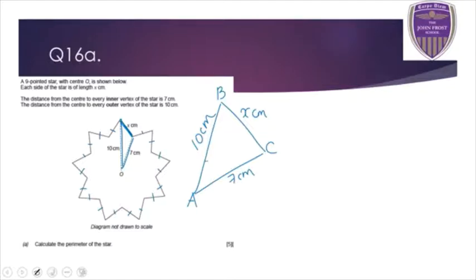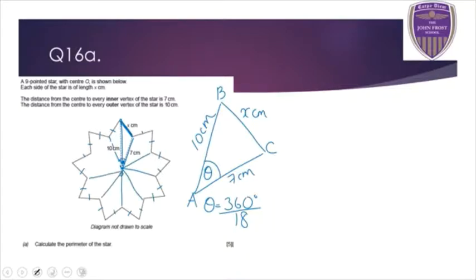Now, fortunately, we know that this angle theta is 360 divided by 18. And the reason is, if I just connect that on the diagram, there are 9 of these in the whole shape.